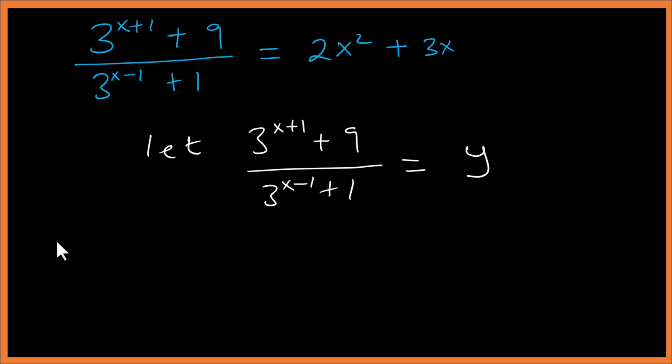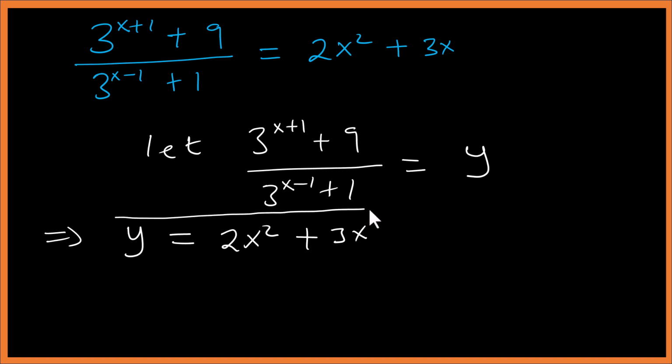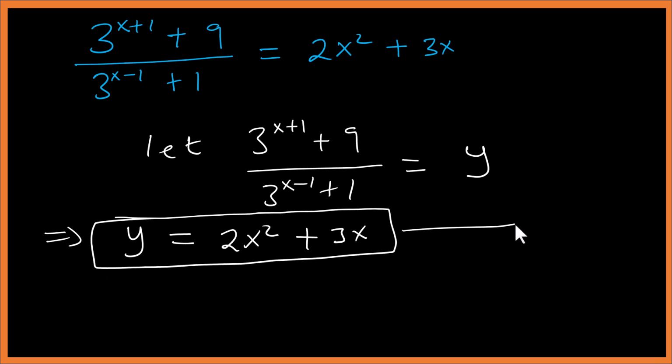If that is the case, then this side will be y. So we have y equals 2x² + 3x. So let's keep this one. So let's call this one the first equation.